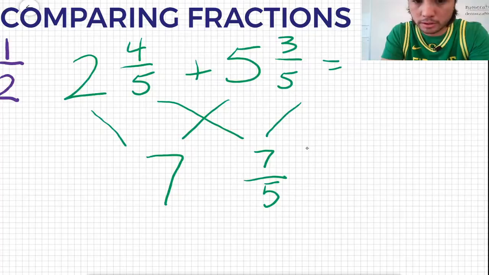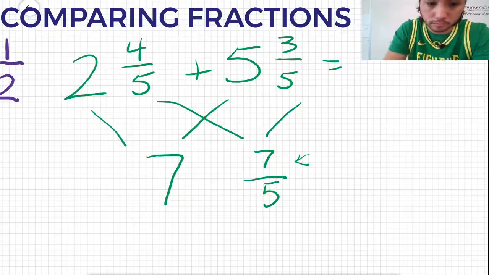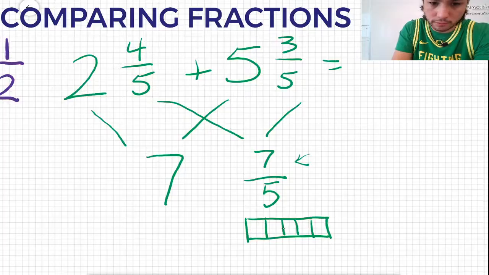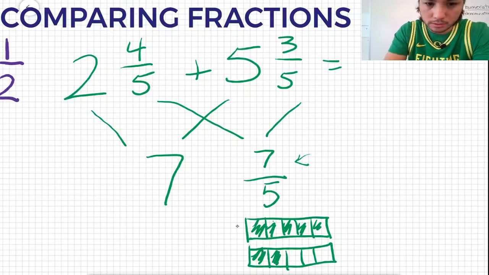Our numerator is larger than our denominator, which means we have some sort of whole number that we can convert. Let's draw it out. 1, 2, 3, 4, 5. Six, 7.